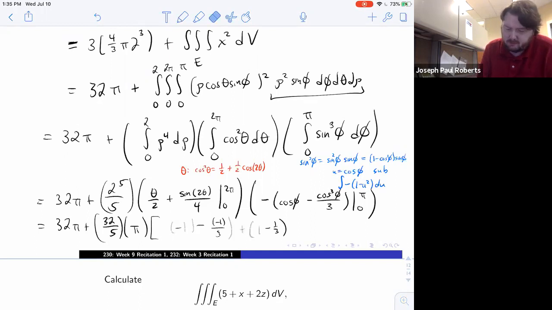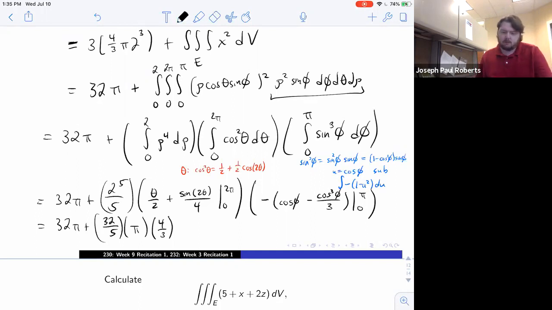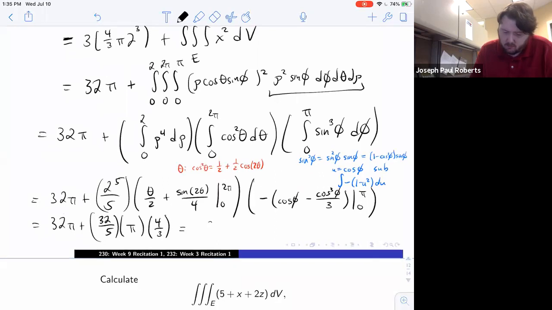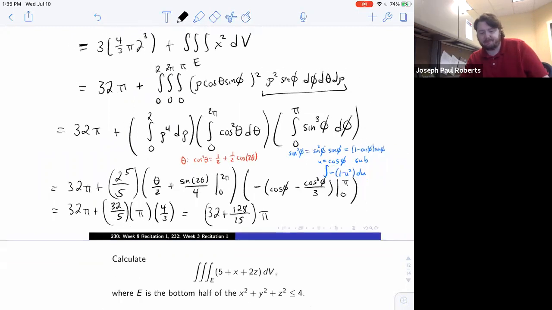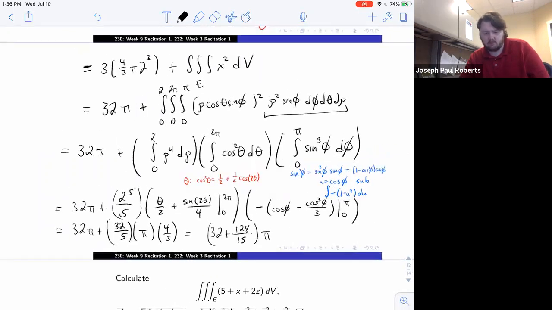So yeah, nothing too exciting here, just plugging in some values. Get 4/3. Okay, and so whatever that ends up being, what, 128? Not really worth it. 32 plus 128 over 15 times pi. Anyway, that's that.